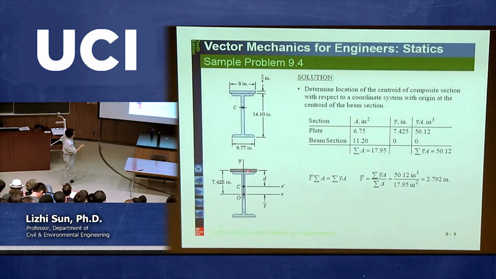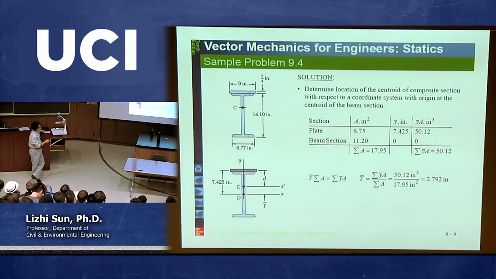And then half of the thickness. The thickness is 3/4 inch. 3/4 inch divided by 2 is 3/8. So 3/8 plus 7.05 should be 7.425.